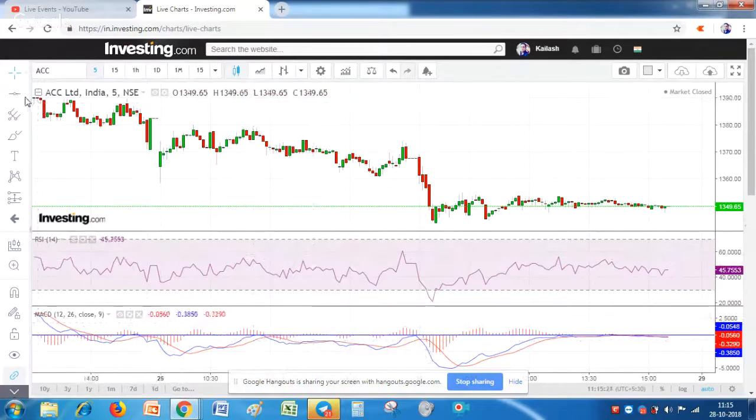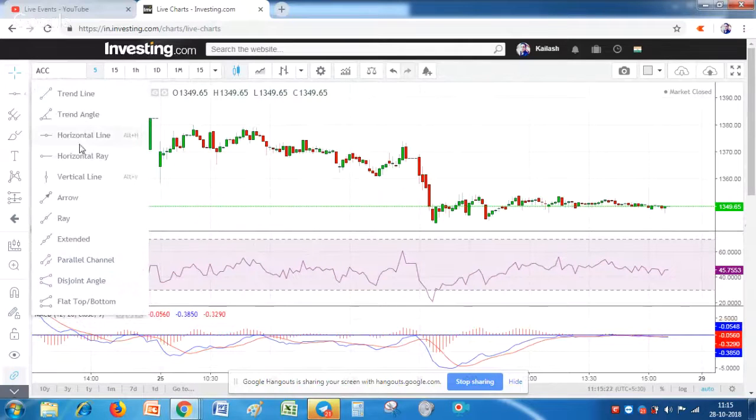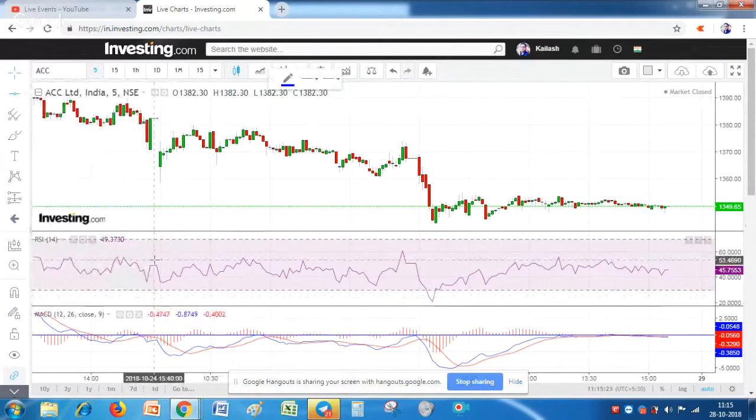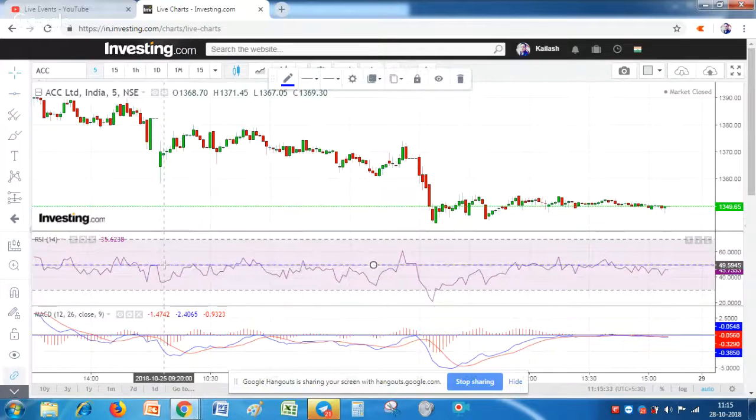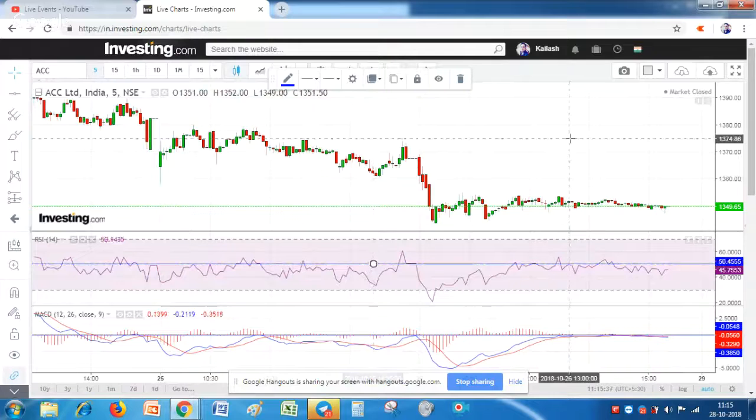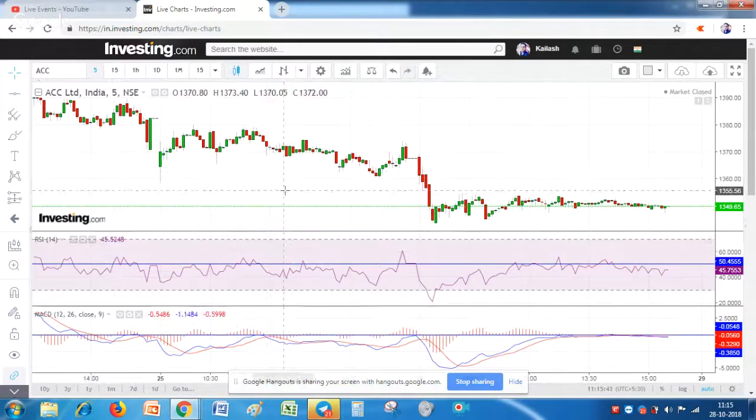Okay, and I will take one more horizontal line, where I will mark the level of 50 on RSI. I have marked the MACD zero line and the RSI 50 level. Okay, so let me just make it bigger.